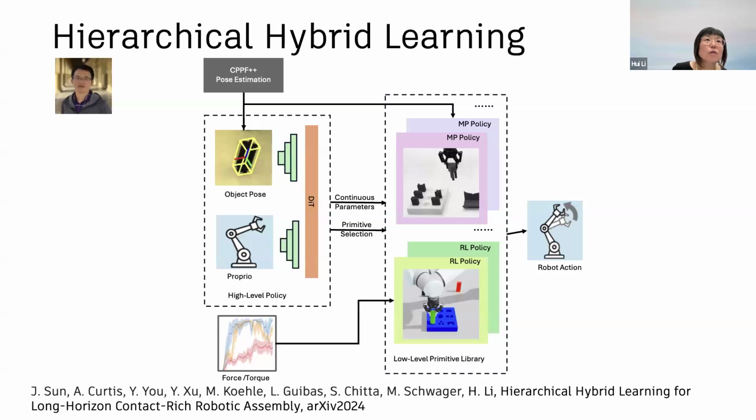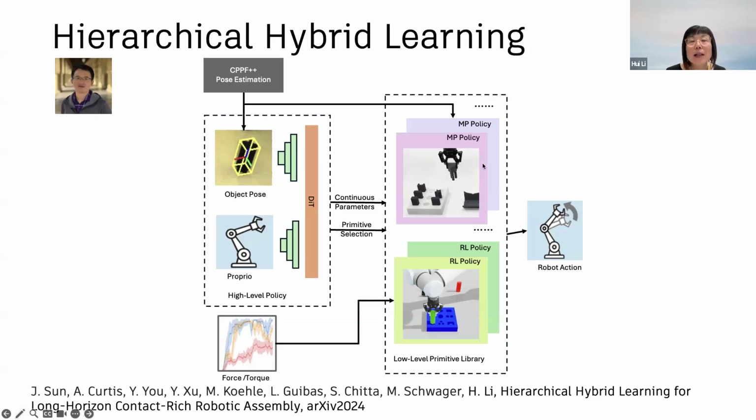So in this work, we propose a hierarchical hybrid learning approach where, can you see my mouse? Yep. So we have a low-level skill library or primitive library, where we have pre-trained RL policies for insertions, basic skills that require contact-rich, high-precision interaction.